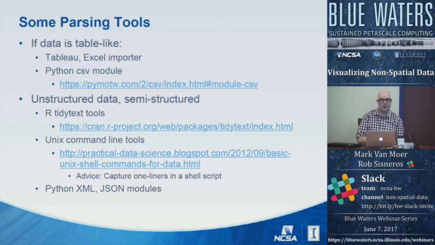But I do want to point out that there is a lot of stuff out there and it's constantly improving. There's a lot of activity in this area to improve data ingestion as the whole data science explosion is going on. If your data is anything like a table, CSV or anything like that, delimited records, and you have access to something like Tableau, then the importer can probably figure out how to bring it in.